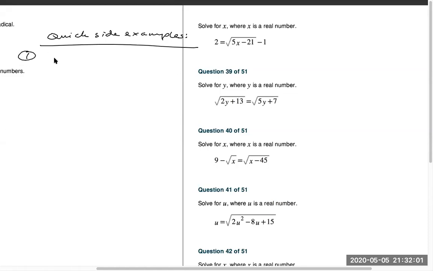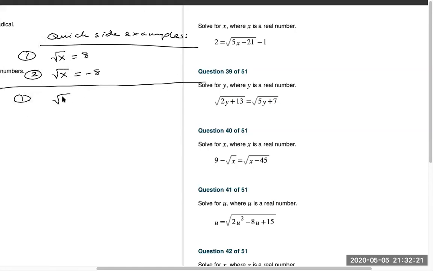So if we had, let's see, square root x equals 8 and square root x equals -8. We're going to look at both of those. So for problem 1, square root x equals 8, we're going to square both sides. And then we get x equals 64.